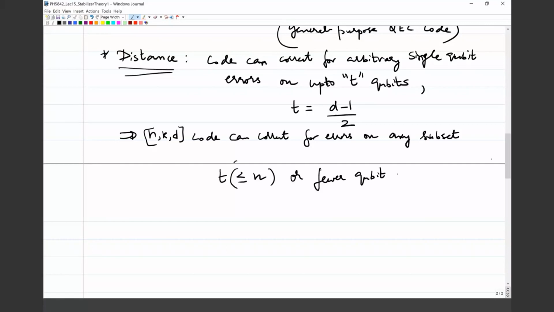So that's what the distance parameter talks about. It tells you how many errors the code can correct for, right?